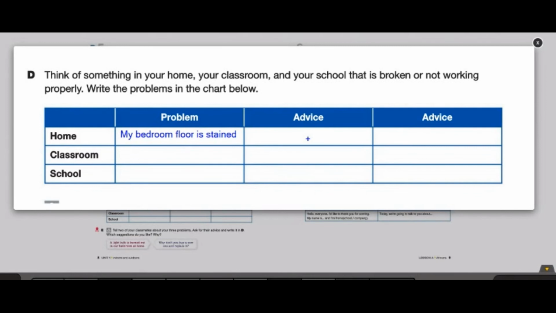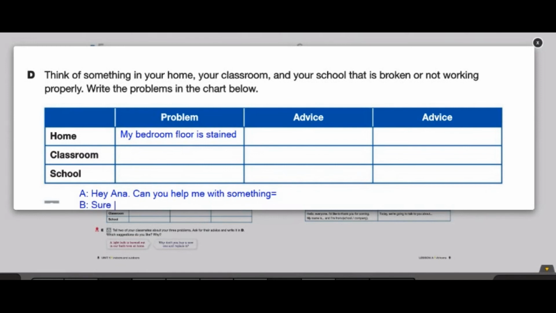That's it? No. You need to create a short conversation. Okay? For example, this is my problem, and I say, very simple. Person A: Hey Anna, can you help me with something? Person B is Anna, obviously, right?